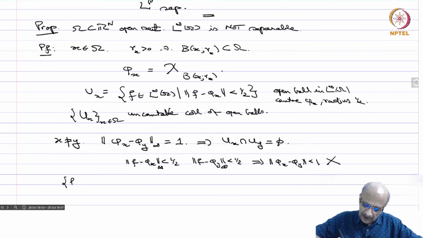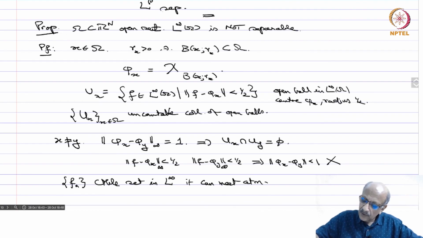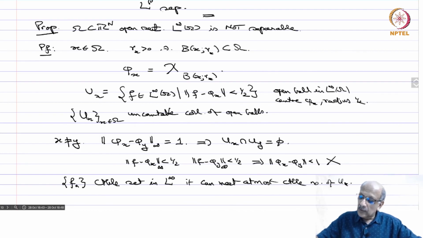So if F_n is a countable set in L infinity, it can meet at most a countable number of U_x's, because a particular f_n can belong to only one of the U_x's, it can't belong to two of them.